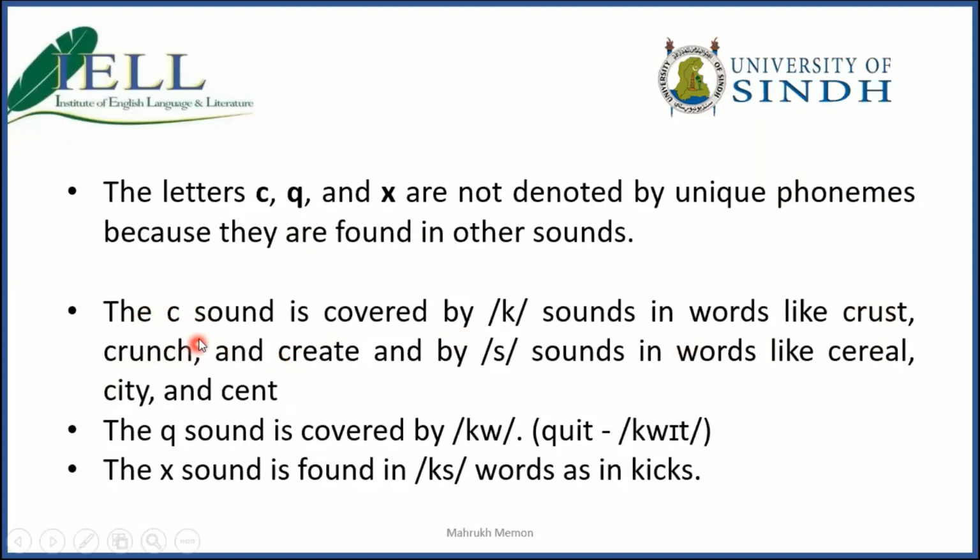So we see that C can be pronounced as K, as in cat, create, crunch. In all these cases we would use the K phoneme. It can also be used as S in words like cereal, scent, or city. So C could be used either as K or as S.